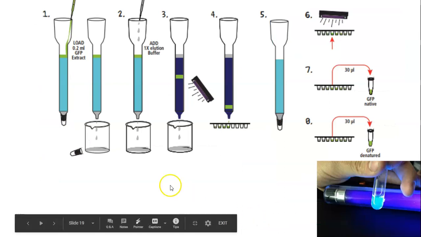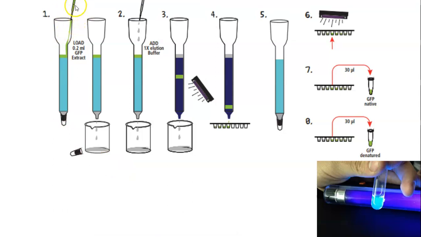And here's how the process works. So we would take our solution of exploded bacteria. So we would have harvested the bacteria. We would have treated it with a lysis solution, exploded the cells, and now the GFP protein and all the other stuff is just this mush mix.